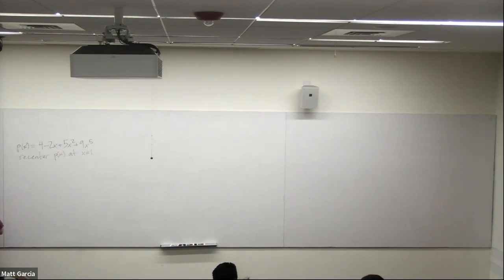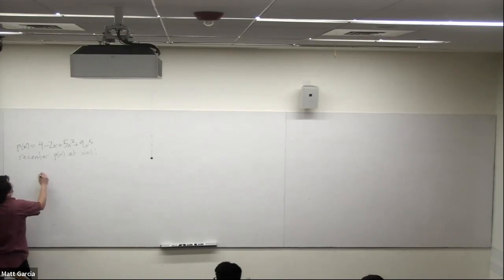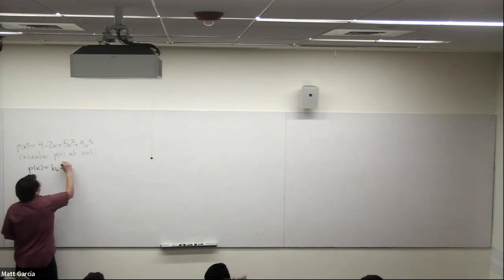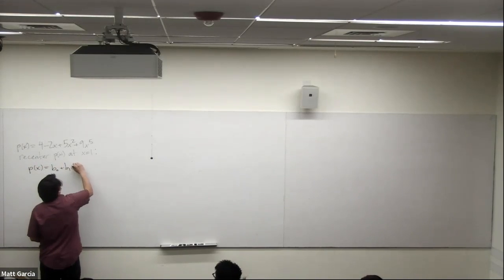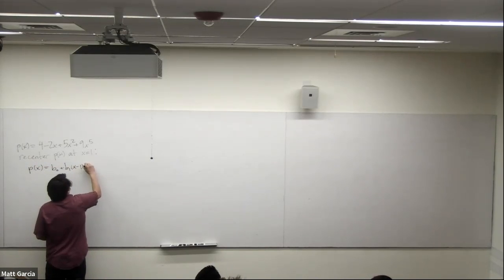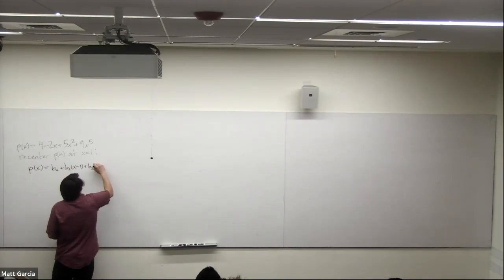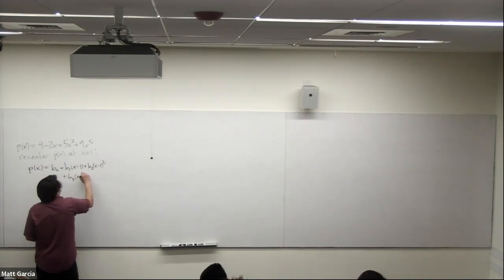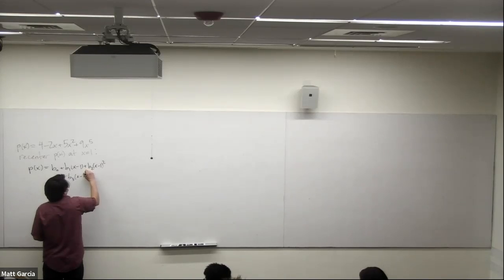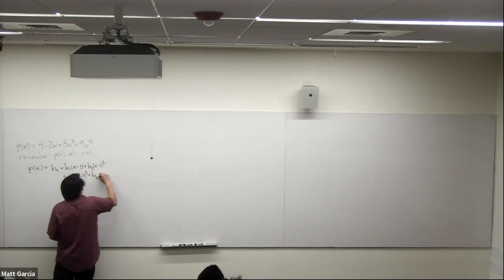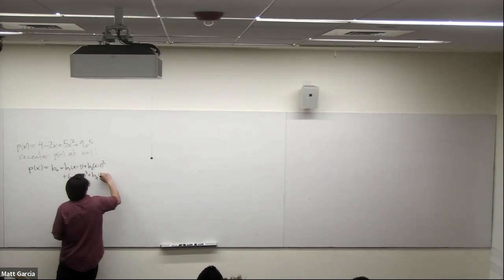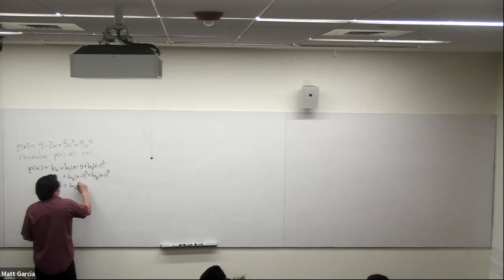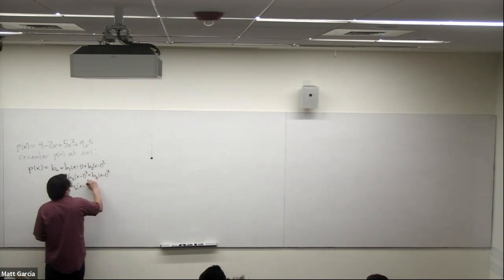That is to say, we wanted to produce an expression for p of x in the form b naught plus b1 times x minus 1 plus b2 times x minus 1 squared plus b3 times x minus 1 cubed plus b4 times x minus 1 to the 4th plus b5 times x minus 1 to the 5th.